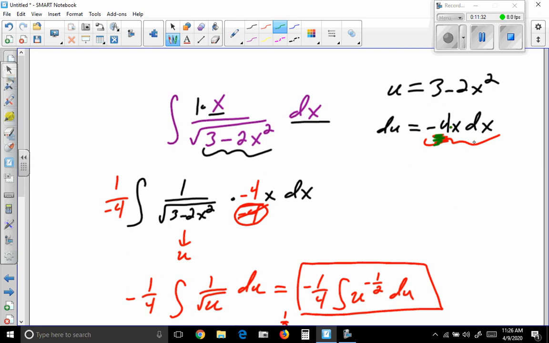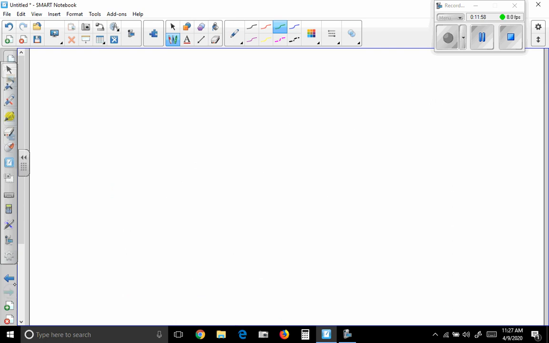Where we run into issues, though, is if we're missing a letter on the inside. If we needed an x squared here instead of an x, we can't pick up an x on the inside and divide by an x on the outside because we can't put a variable on the outside. We can put constants on the outside, but we can't put variables that are the same variable of our integral. So let's go on and do another one.